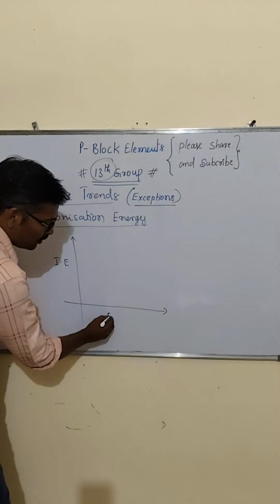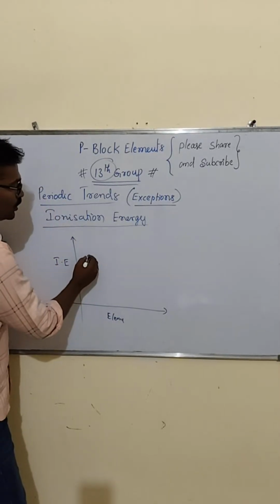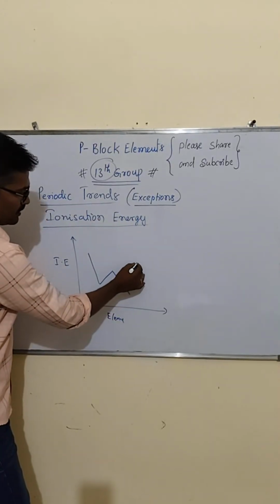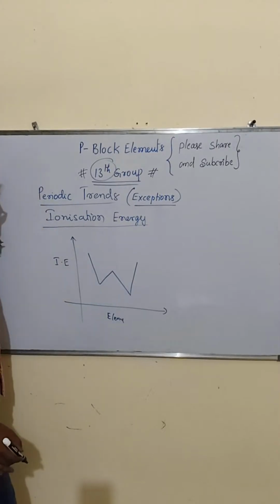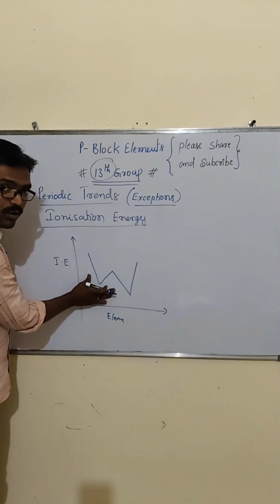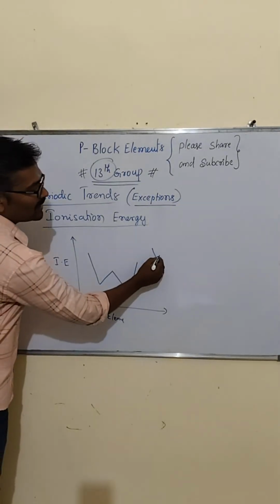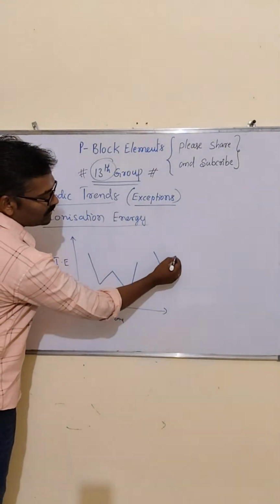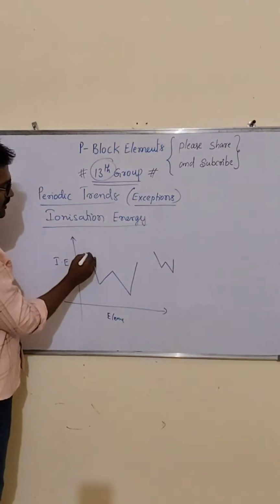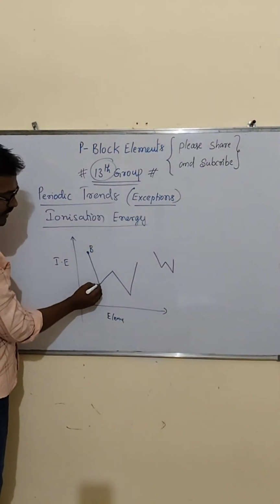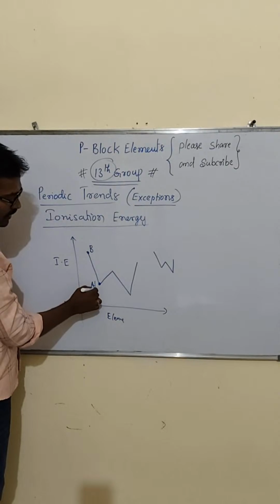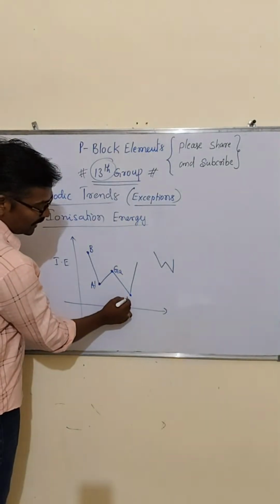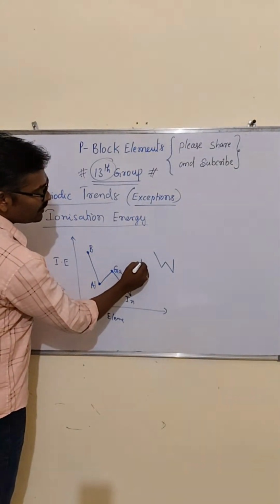You have to remember it like a W, though not exactly a W, somewhat crossed like this. Here the points indicate boron, aluminium, gallium, indium, and thallium.